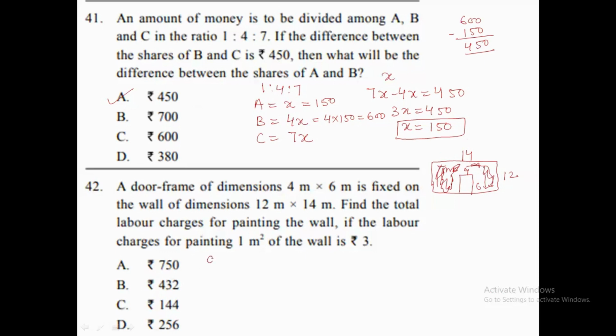The area of the wall will be 12 multiplied by 14, correct? Because the dimension is 12 by 14. When we do it, we get 168 meters square. Understood?